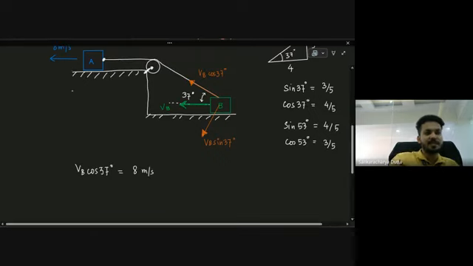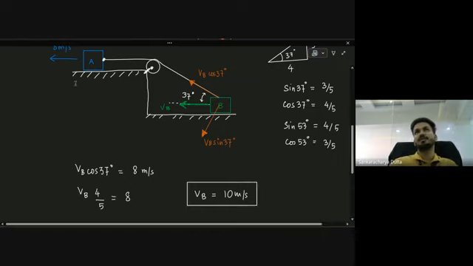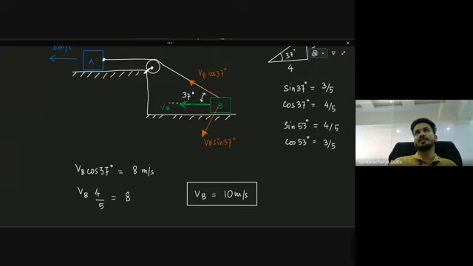Now, cos 37, by the way, is 4 by 5. So VB into 4 by 5 gives me 8. So that means VB comes out to be 10 meter per second. So whoever says 10, guys, you are correct.